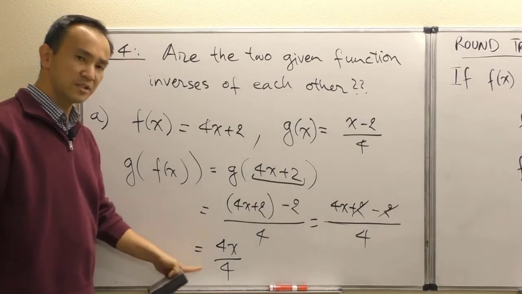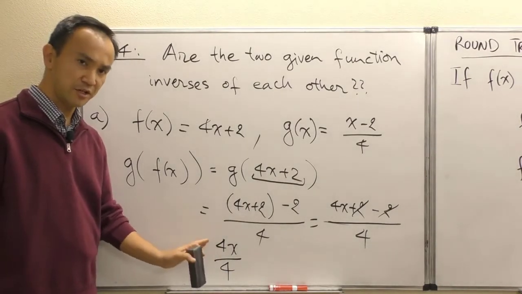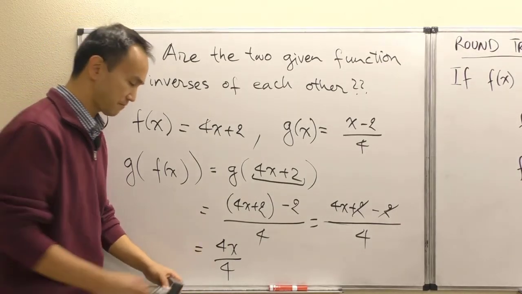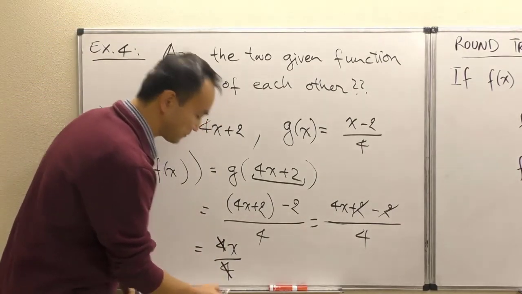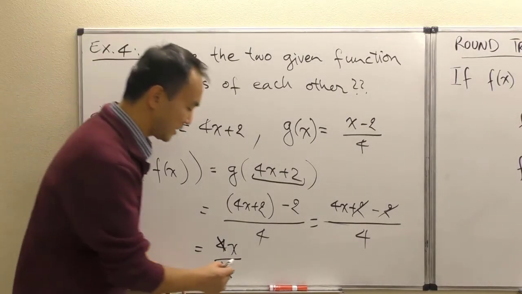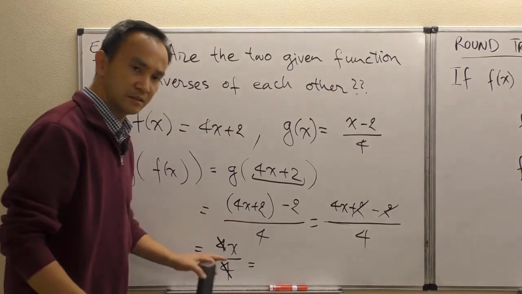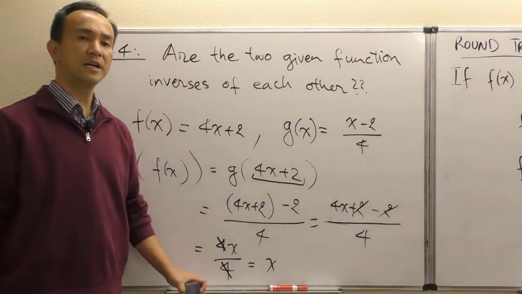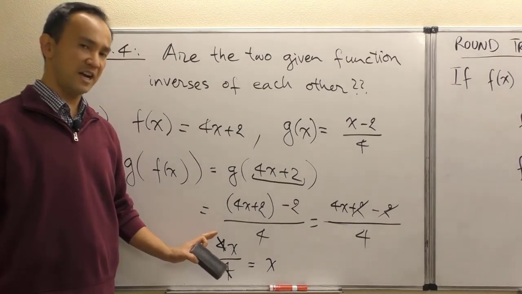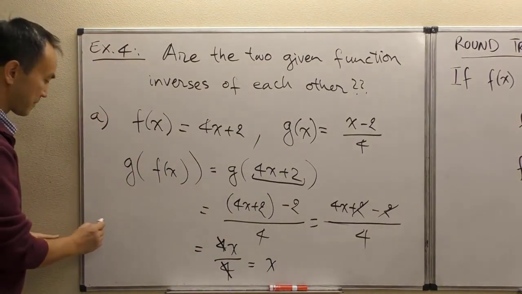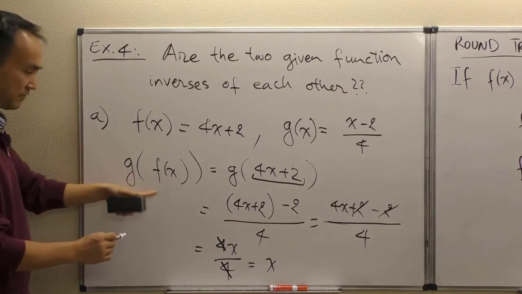And now with this current rational expression, I am going to cancel that common factor 4 away. And now I do land on x. All right, so I have just now verified that G of f equals x.